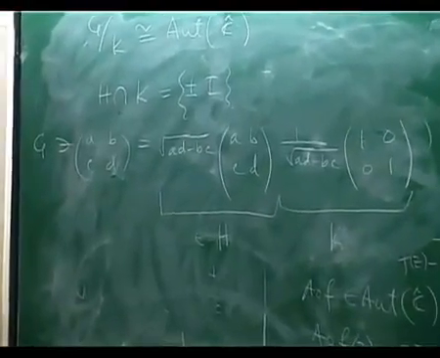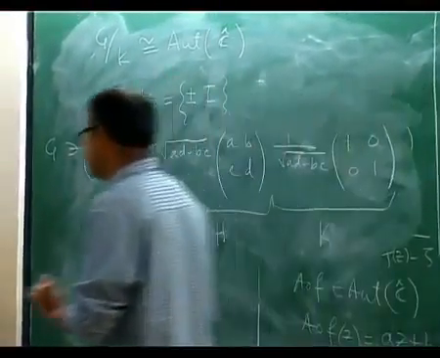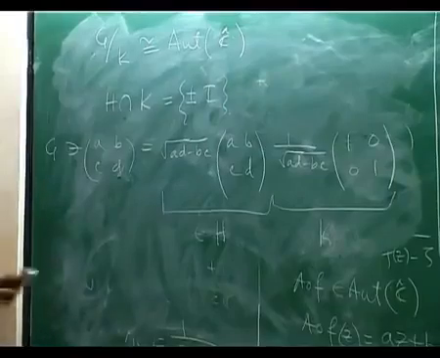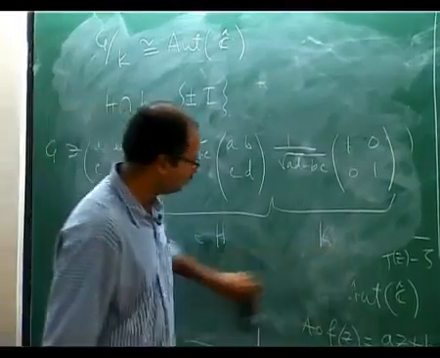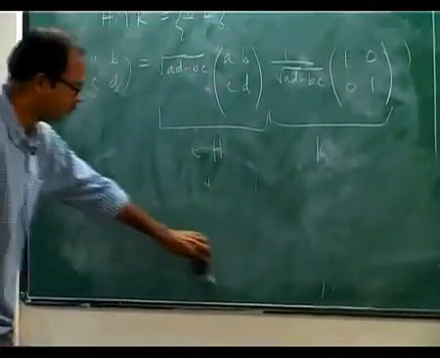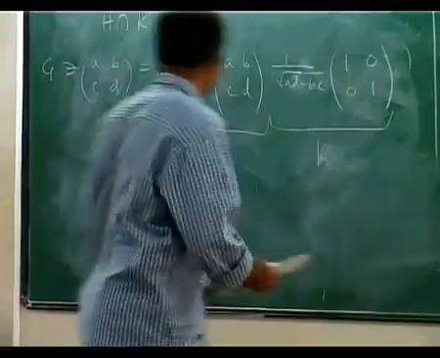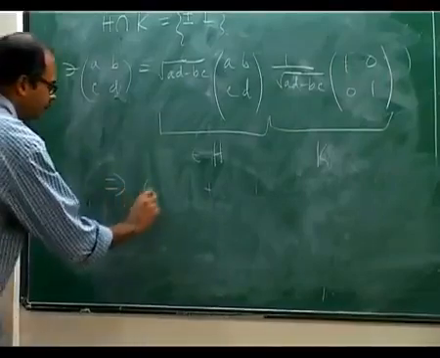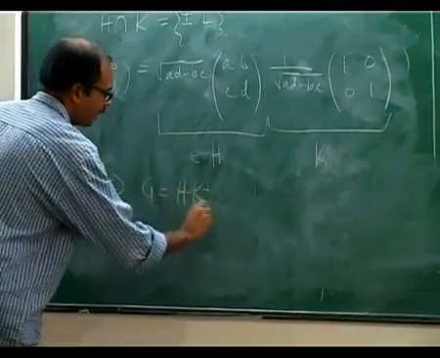So what we get is that G is the direct product of these two. So G is HK.